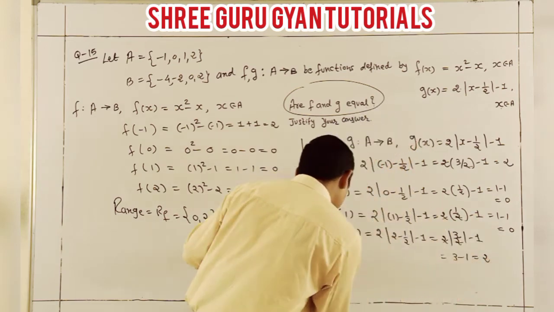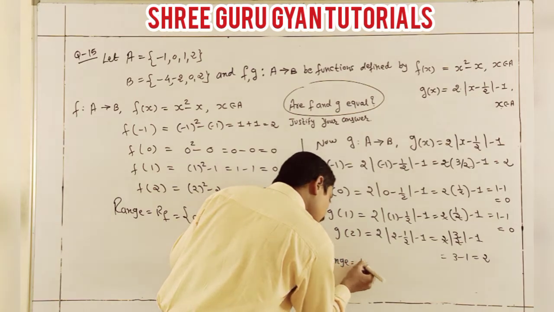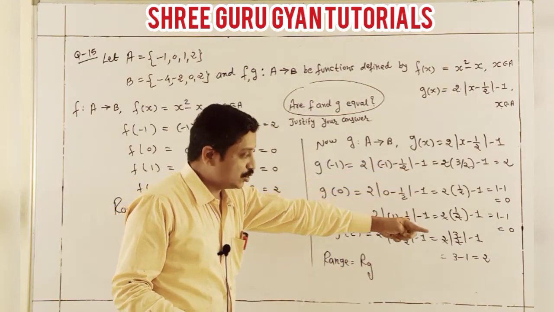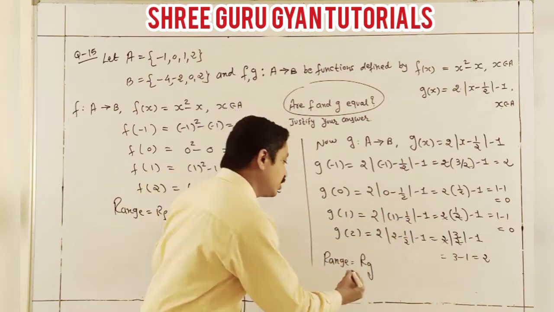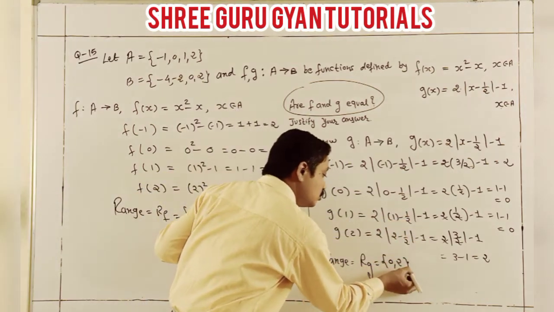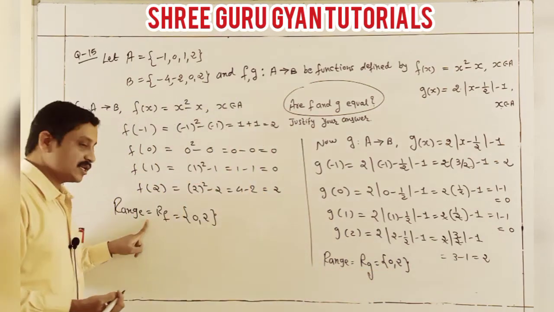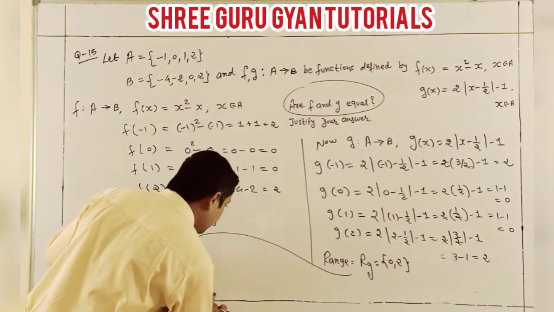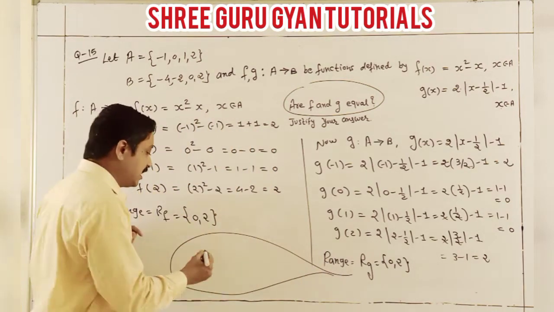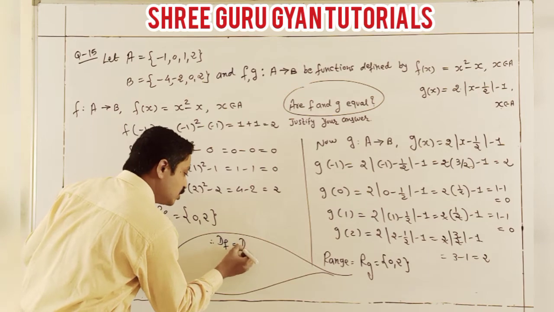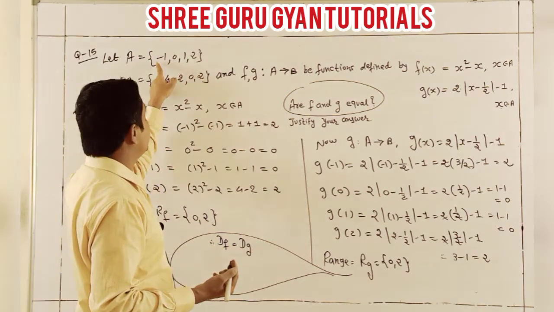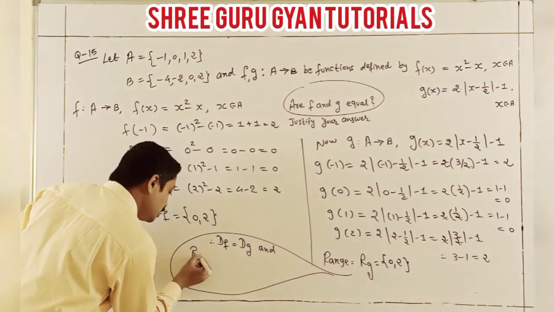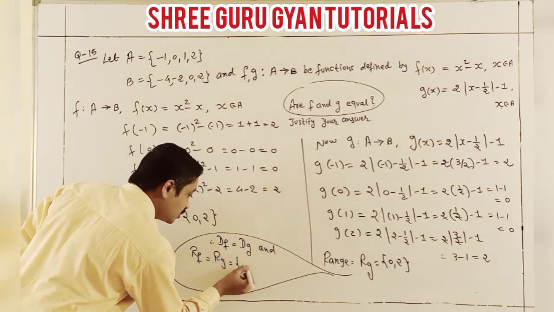So what is the range? My range of g is also 2, 0, 0, 2. We write it only without repeating: 0, 2. Check this range. This range is the same. Yes. So last, you write down. Therefore, domain of f and domain of g are already the same, given here as A and B. And range of f is equal to range of g, which is 0, 2.